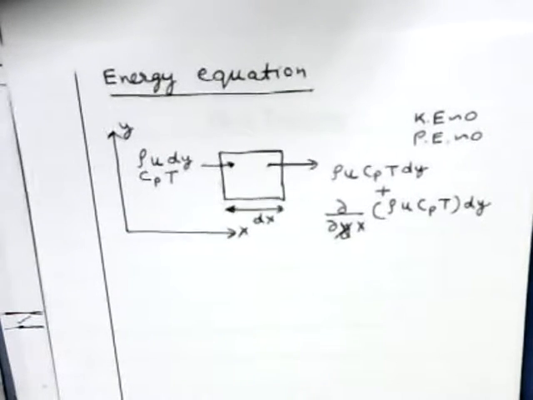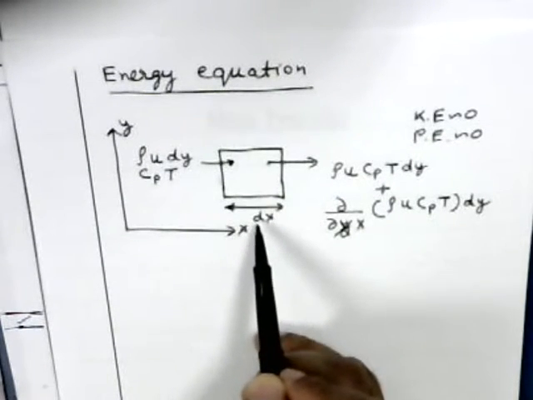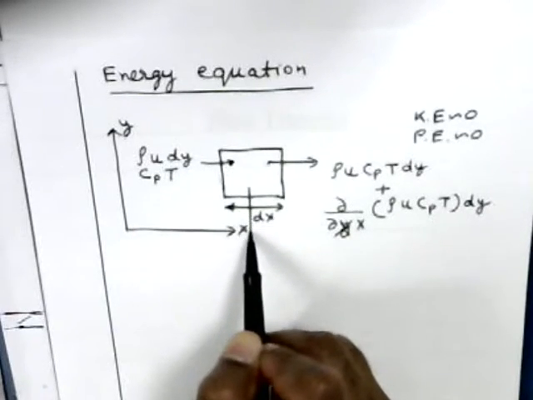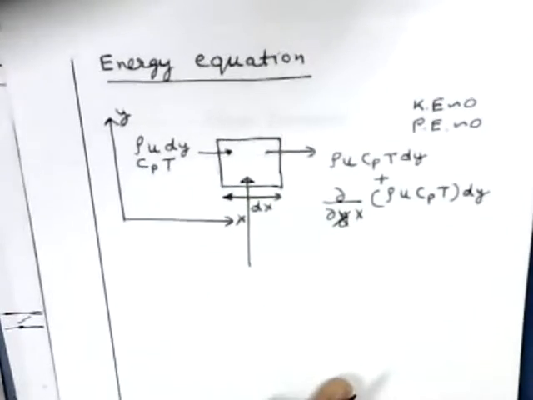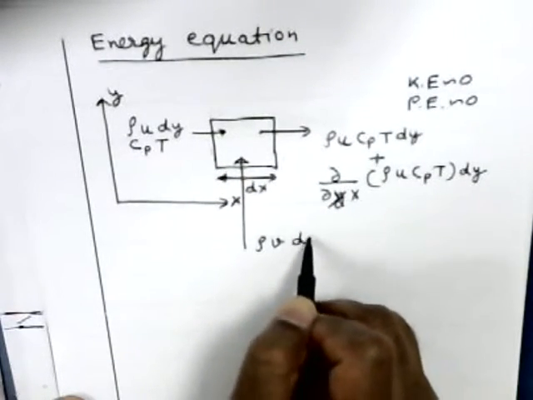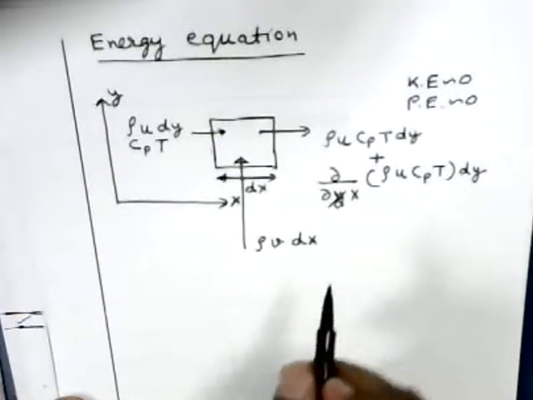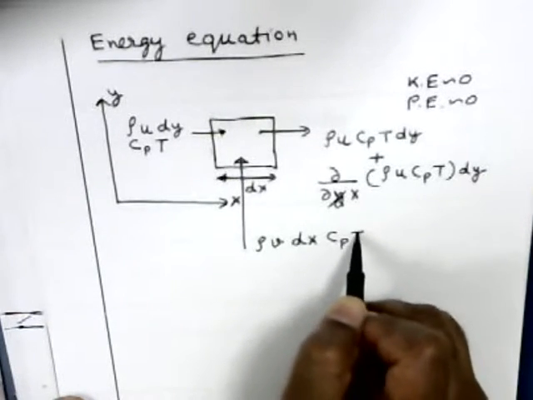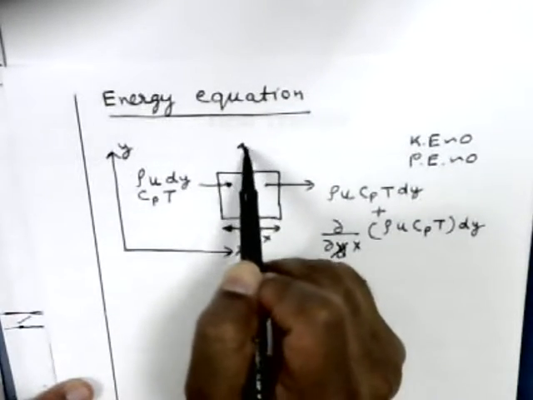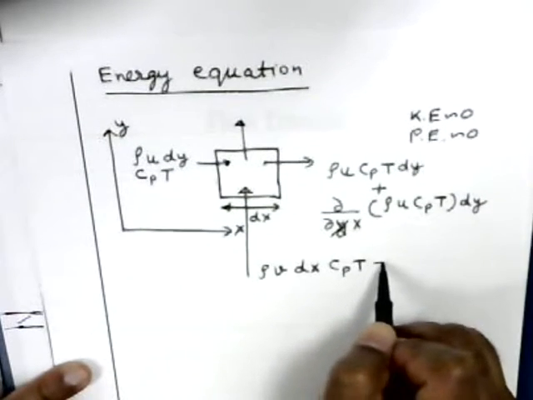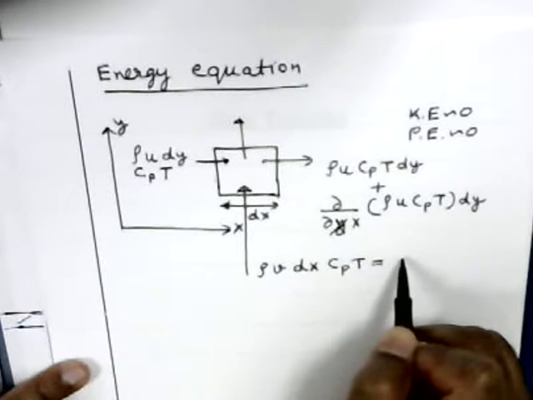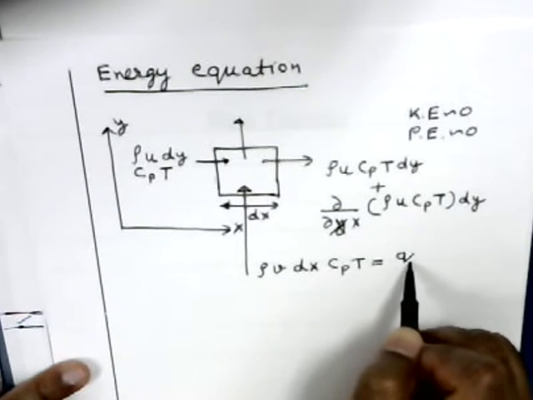Okay. Similarly, we can write terms in this direction. Let me write those also. From the bottom face, enthalpy that goes in will be density times velocity times dx. This is mass flow rate times cpT. And from the top face, let me use some shorthand here. Let me just call this, say, qy.